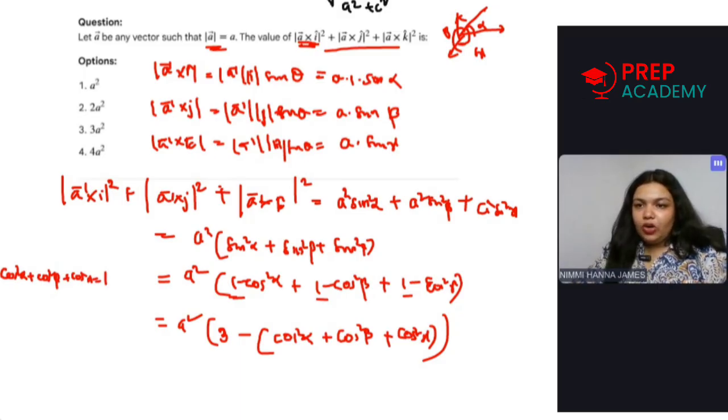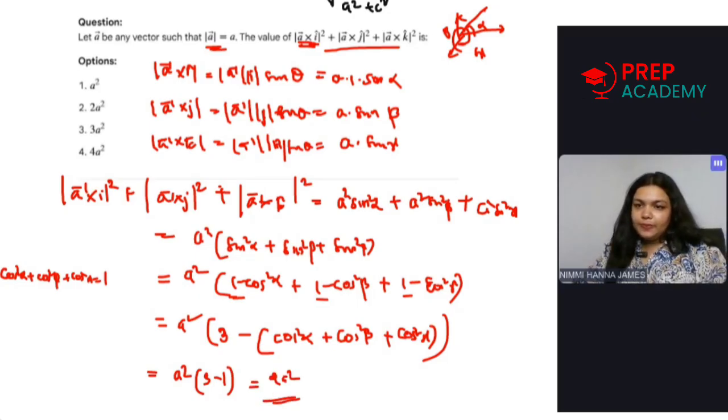That is what direction cosines mean. So a squared into 3 minus 1 is equal to 2a squared. So let's see if that's in the options. Yeah, option 2, 2a squared, so 2a squared is the answer. Okay. Moving on to the next question.